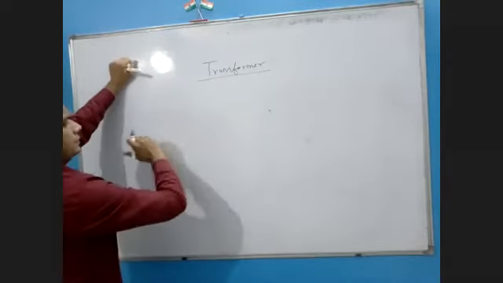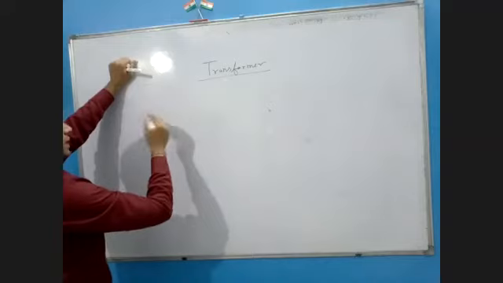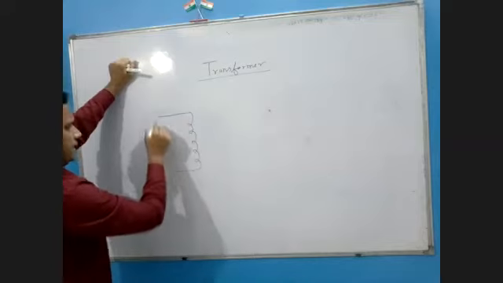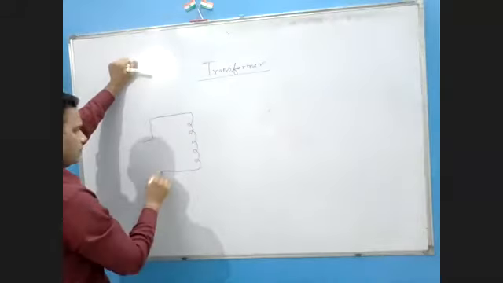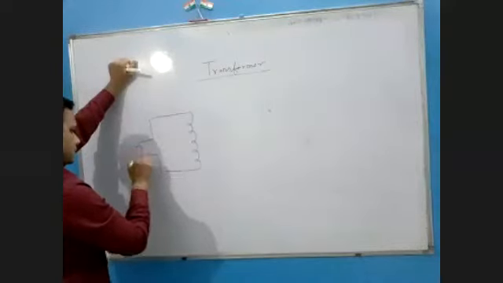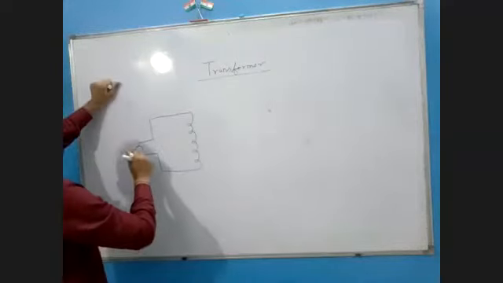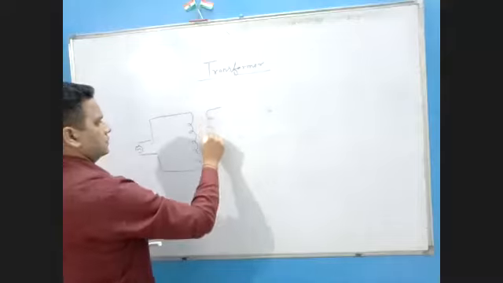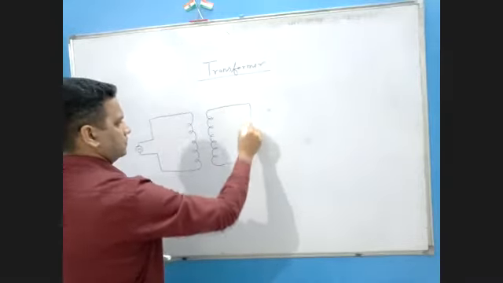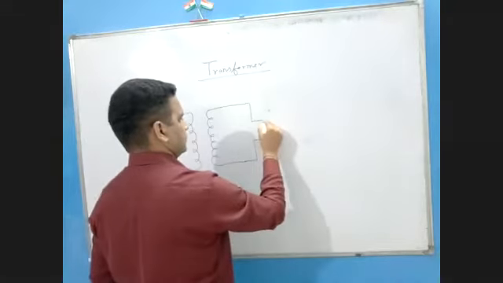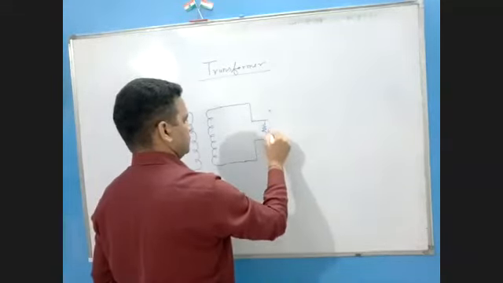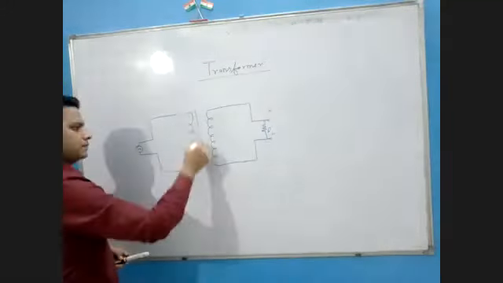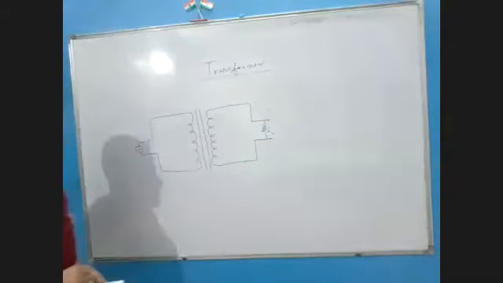Now the working construction of the transformer. The transformer is a device that consists of two coils. In this way, this device is the transformer.